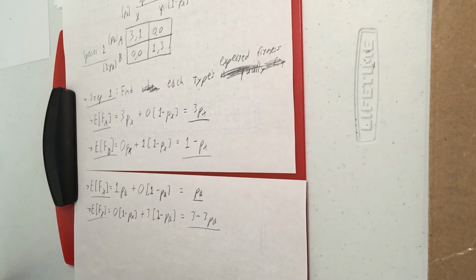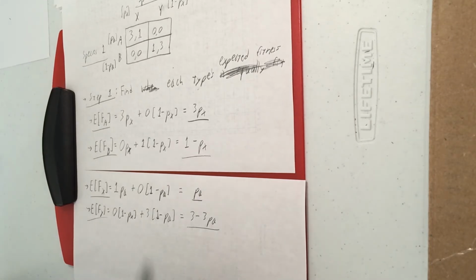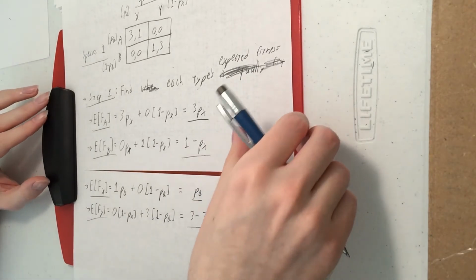All right, so now we're done with step 1. We found the expected fitness levels for each type of each species. The next step is we find when each type is equally fit. So it should have been step 2 that I originally had written.